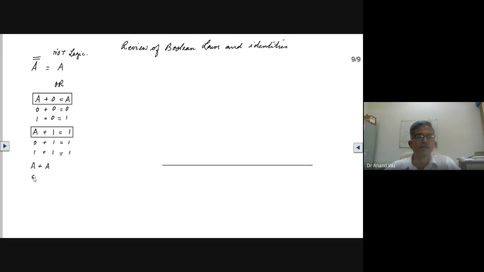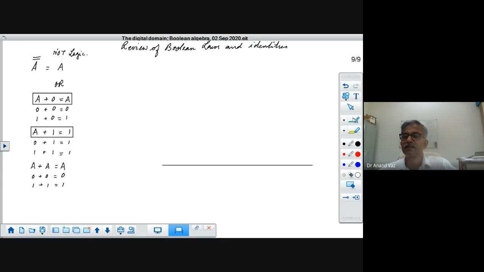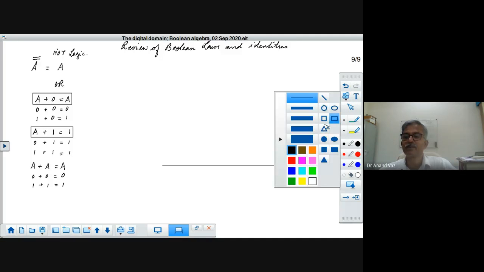If you take A as 0 or it with 0, the result is going to be 0. If you take A as 1, you or it with 1, the result is 1. So A or A is going to be the same as A itself. So this is another identity which we have.